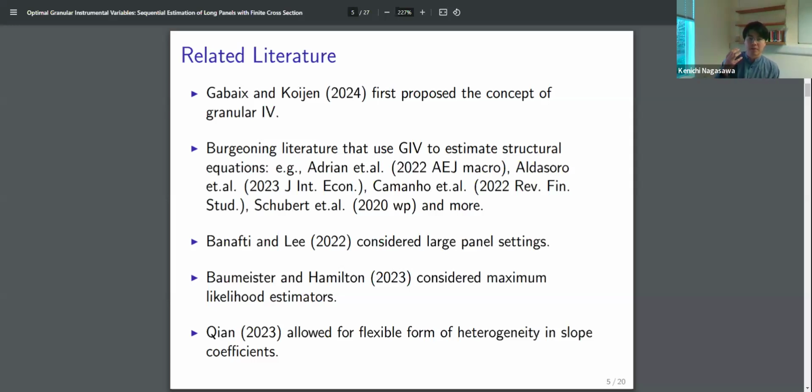In this context, the idea is that the source of endogeneity is captured by these aggregate shocks, like global financial conditions and other world-level macroeconomic shocks. So those are the source of endogeneity, and this is really the idea of Gabaix and Koijen, where they propose that these disaggregated shocks can be used as instruments because they are random things happening to each individual.